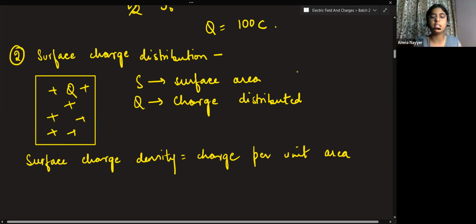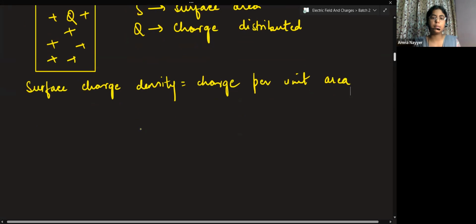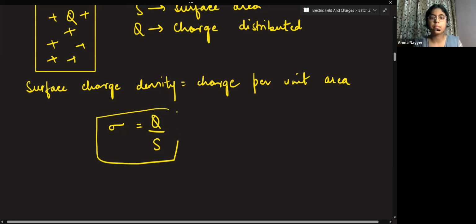Now you'll have it in terms of the area. Surface charge density is represented by the symbol sigma. This will be charge per unit surface area. If S is the surface area, or A is the surface area, take it as A. This is valid for uniform distribution. Now what about the SI unit? Will it be coulomb per meter again?